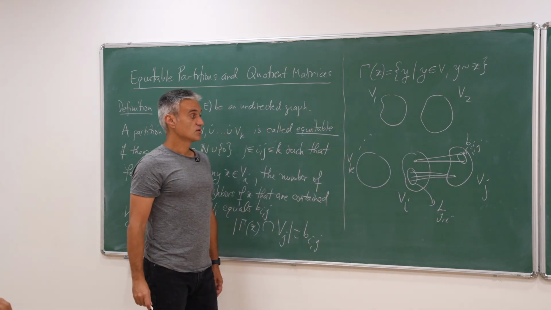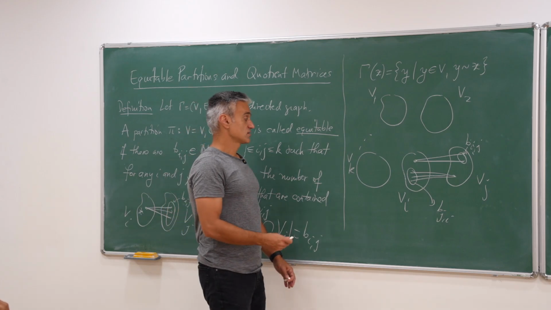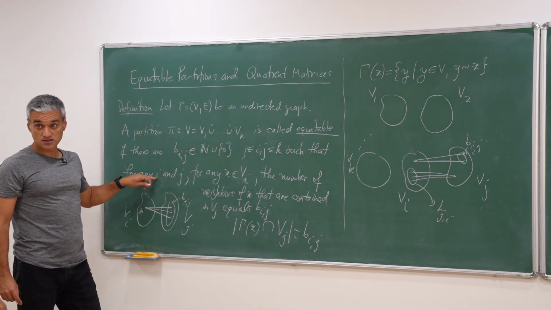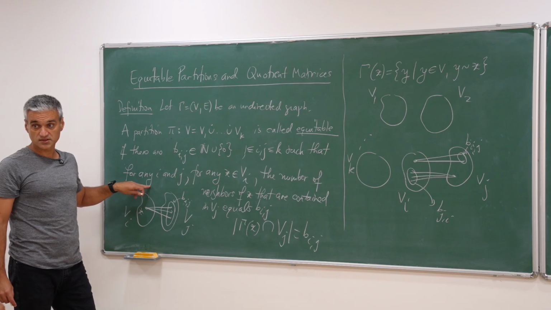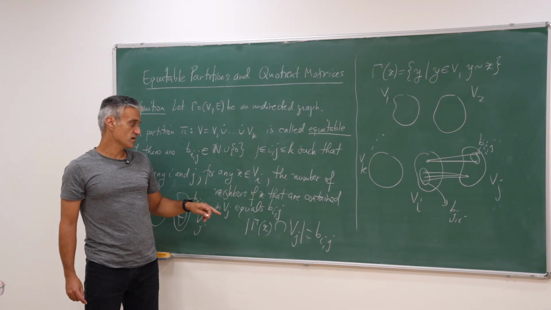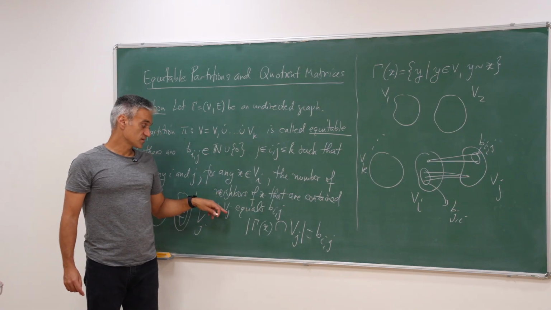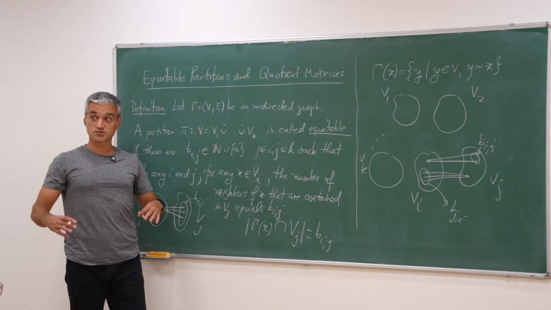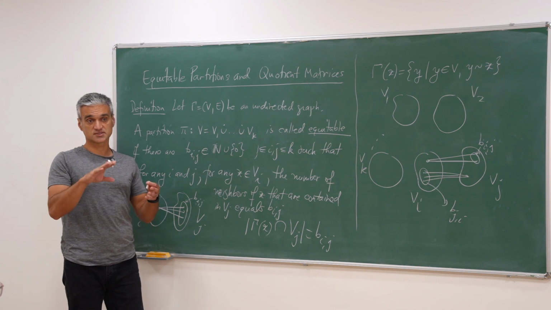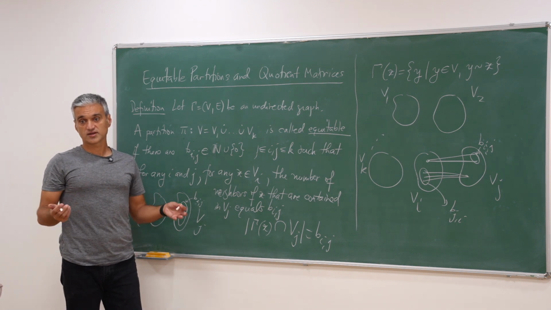Also, if I take i and j to be equal to each other, what does it say? It says that for any x in Vi, the number of neighbors of x that are contained in Vi equals bii. So it means that the subgraph induced by the vertices Vi is a regular graph of valency bii.